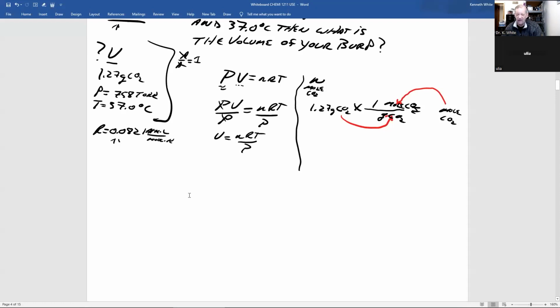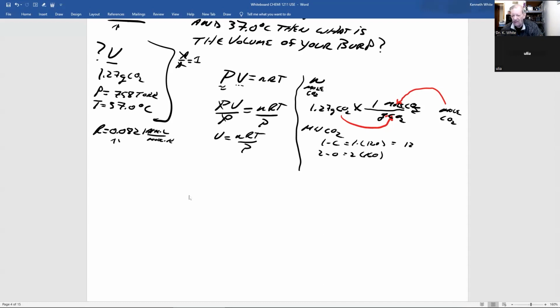So we need the molecular weight of CO2, 1 carbon, 2 oxygen. 1 times 12.0, the atomic weight of carbon, 2 times 16.0, the atomic weight of oxygen.